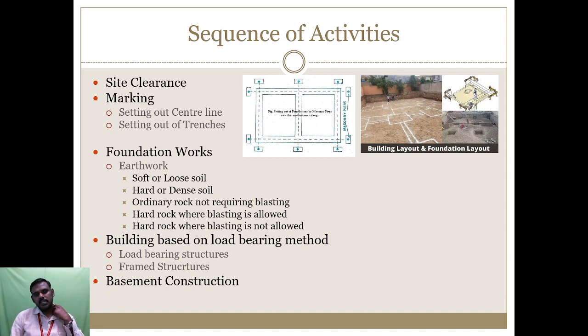In lintels, there are two types. The first one is the cut lintel. Cut lintel means it is constructed near the opening only. We give certain space on both sides so that it rests on the wall to resist the load and convey the opening load to the nearby walls.